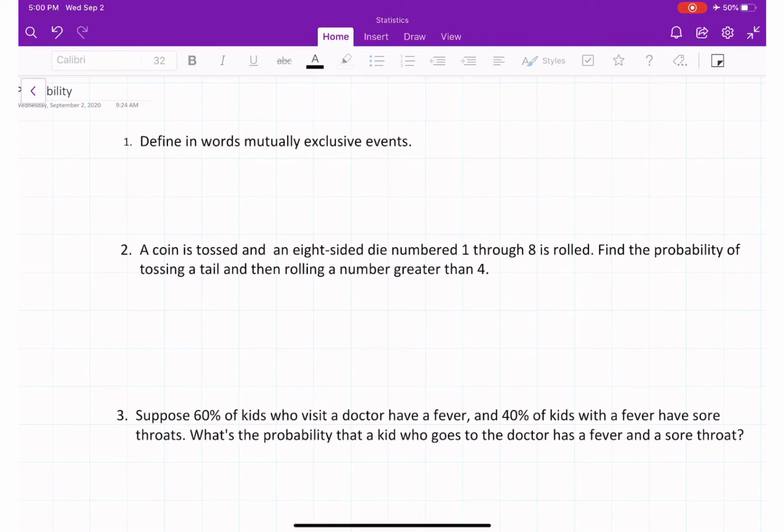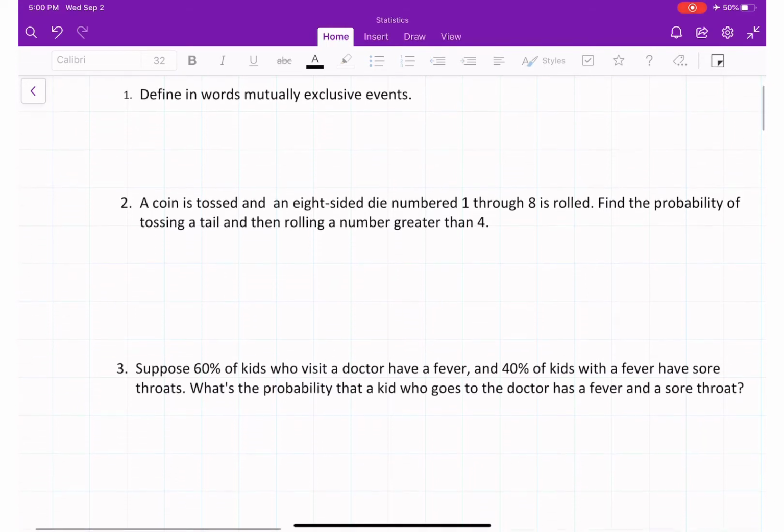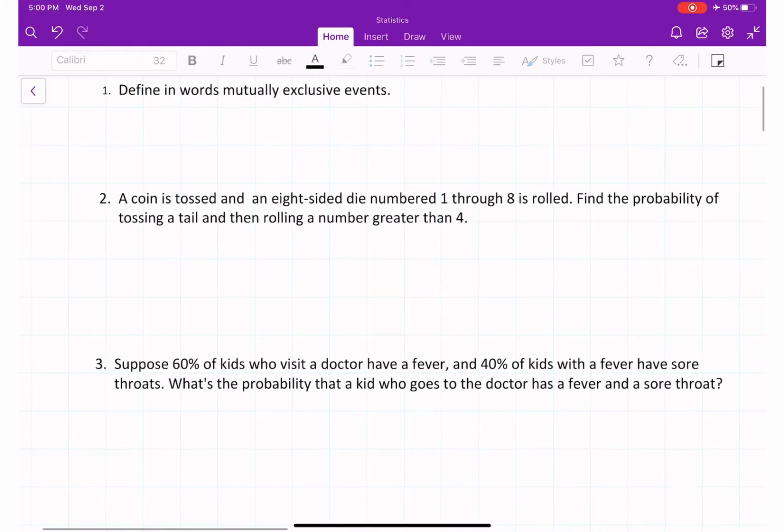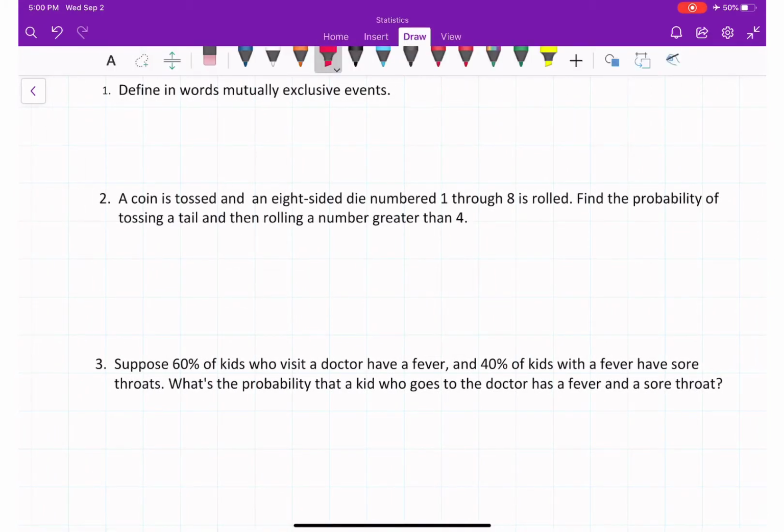So let's say two events that don't have any point in common. Okay. No common point.